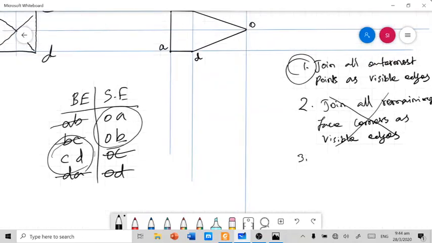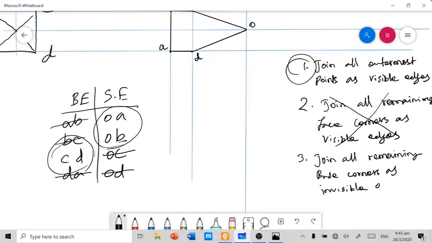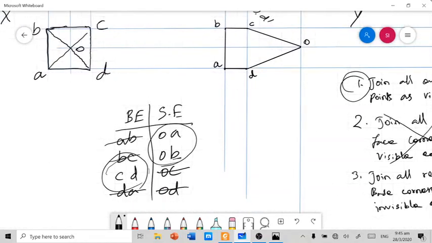And the third rule is join all remaining base corners as invisible edges. So here the remaining base corner is only CD.